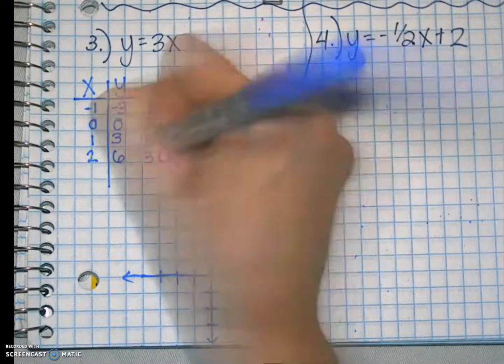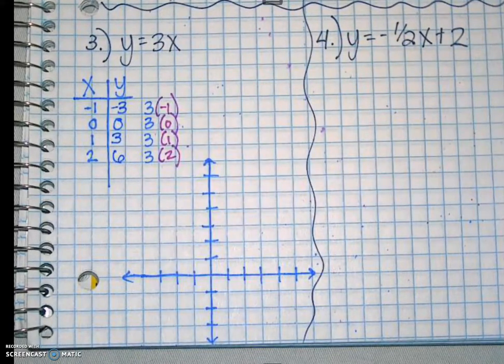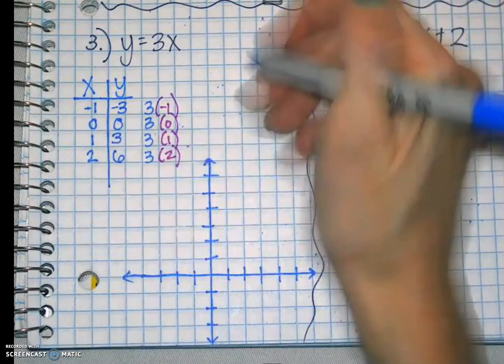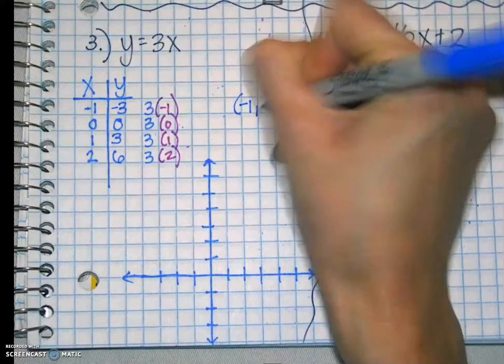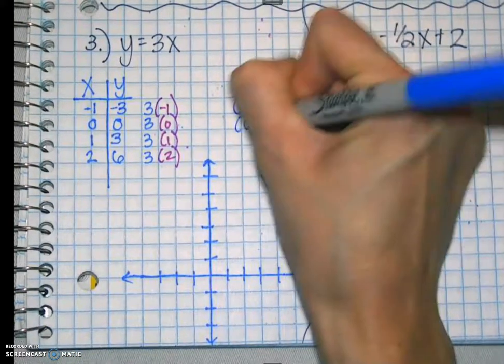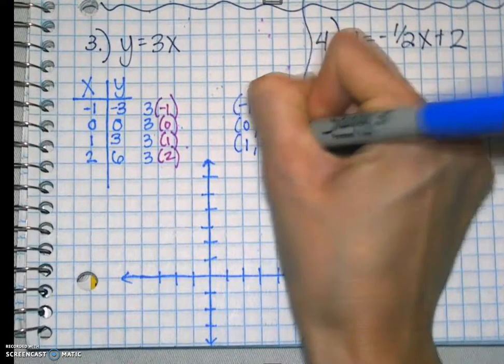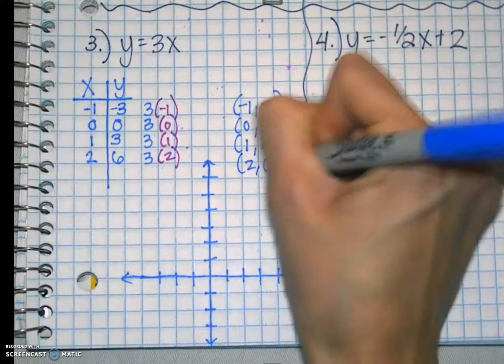So 3 times -1 is -3, 3 times 0 is 0, 3 times 1 is 3, 3 times 2 is 6. Now remember, if you want to write these as ordered pairs, you can, but these are just telling you where to go. So if this makes sense, that's fine. If not, go ahead and write them: (-1, -3), (0, 0), (1, 3), (2, 6).